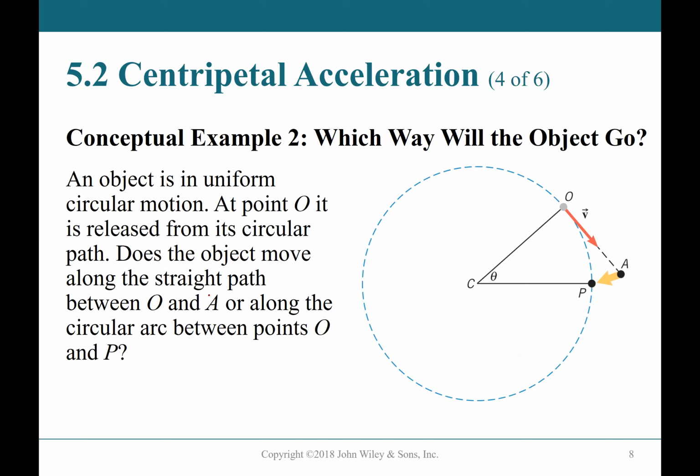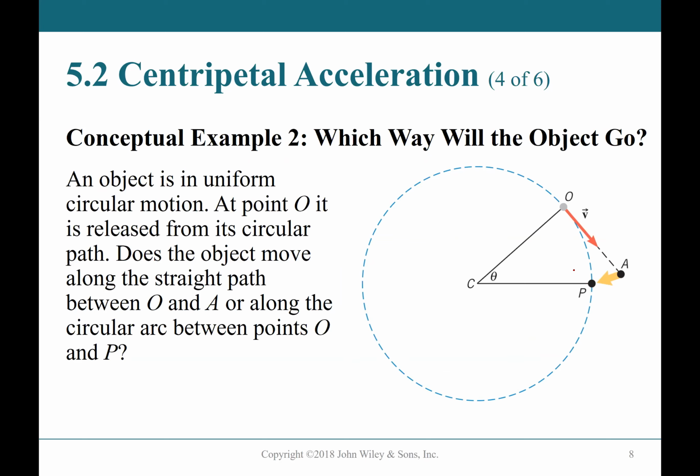Now, the question says, an object is in uniform circular motion. At point O, it is released from its circular path. Does the object move along the straight path between O and A, or along the circular arc between points O and P?